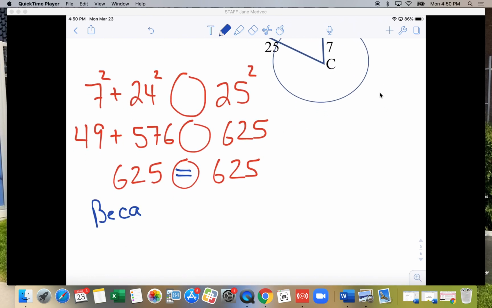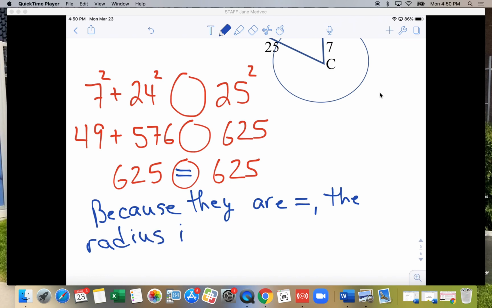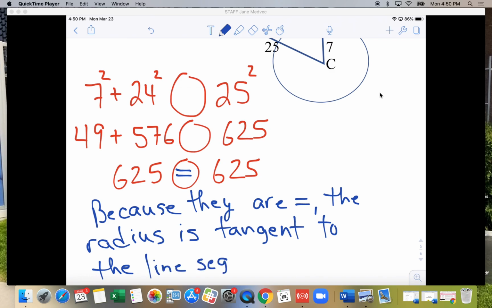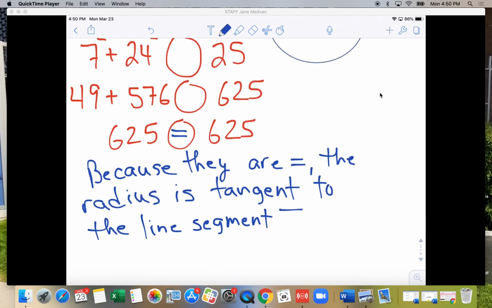So because they are equal, the radius is tangent to the line segment AB.